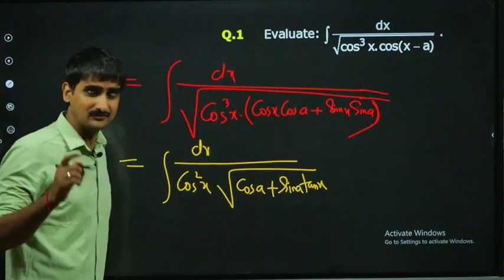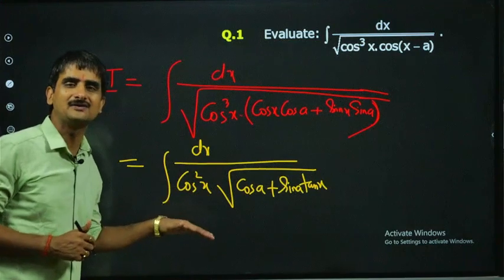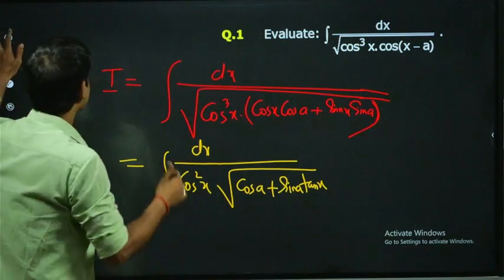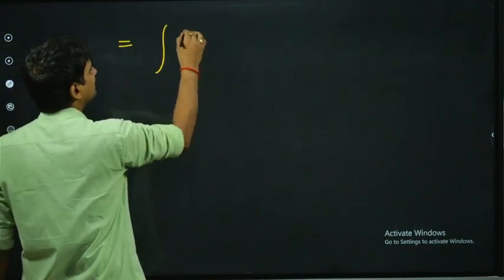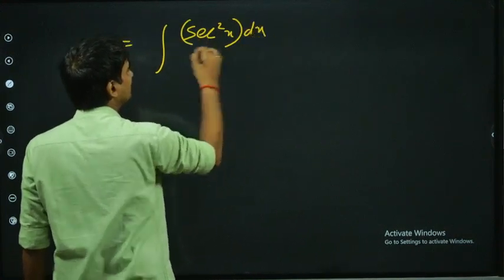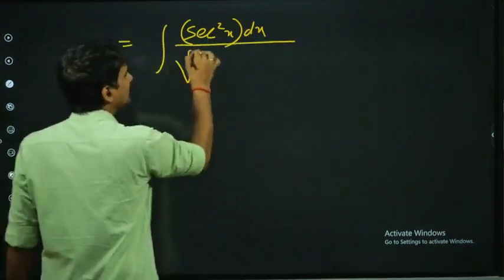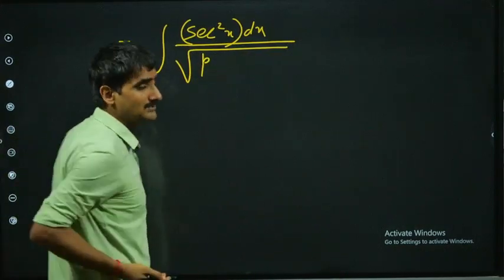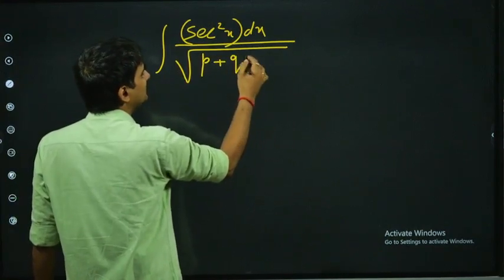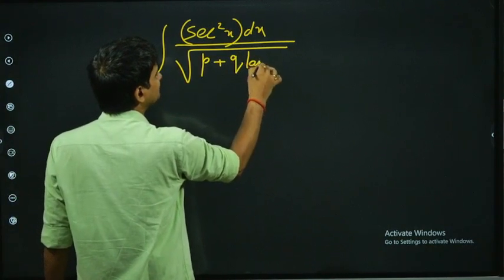I think you all would now have got the idea why I did it. Because 1 upon cos square x is nothing but sec square x, so sec square x dx is in the numerator, and in the denominator cos a is a constant, p, plus some sin a, q, and this is tan x.